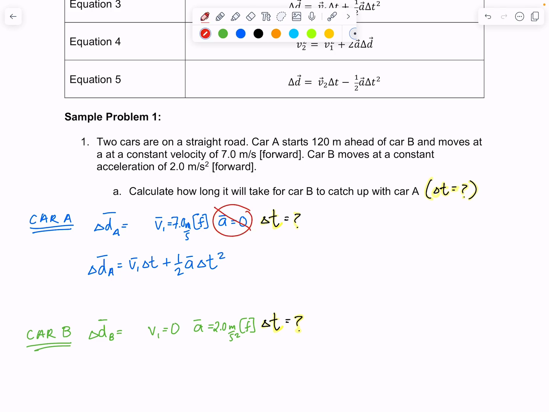Since acceleration is 0, this entire section of the equation will cancel out. We are left with delta dA equals V1 delta T. We can sub in the only information that we know, which is delta dA equals 7 meters per second forward times delta T.